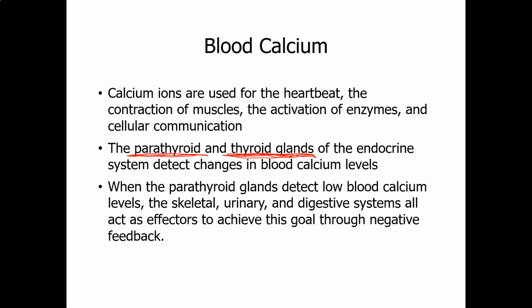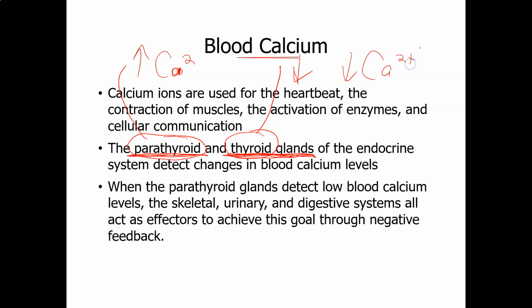And the thyroid gland lowers blood calcium levels when it's too high. So the parathyroid increases calcium in your blood, and the thyroid decreases calcium in your blood. Okay?